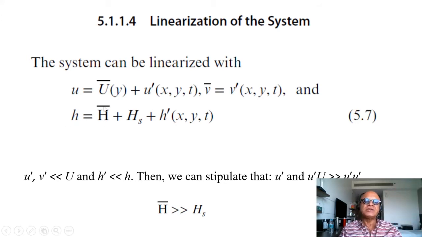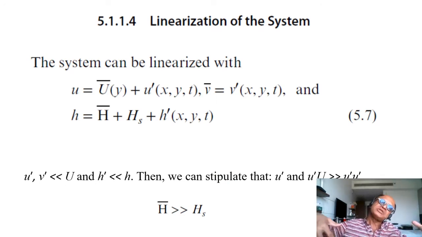And H is the H bar plus HS, the meridional slope, plus the perturbation to the free surface. Obviously, when you do these kinds of splits, you always have the assumption of small perturbations. So U prime and V prime are much less than the mean flow, and H prime is smaller than the variability of the free surface.